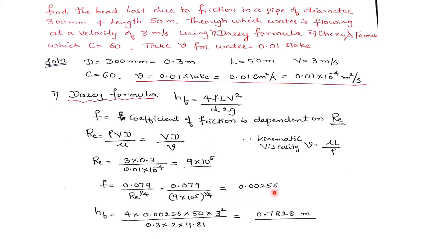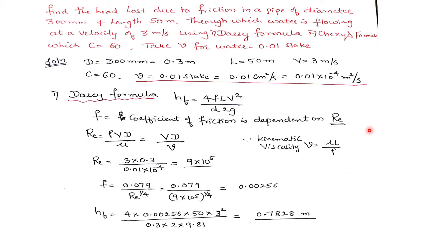So this friction coefficient will be 0.00256. This f value we will substitute in this equation and calculate the head loss due to friction. hf is 4, f we have already calculated, L is length, that is 50, V square, velocity is 3 square, divided by D diameter, 2 into g is 9.81, where hf is 0.728 meter.